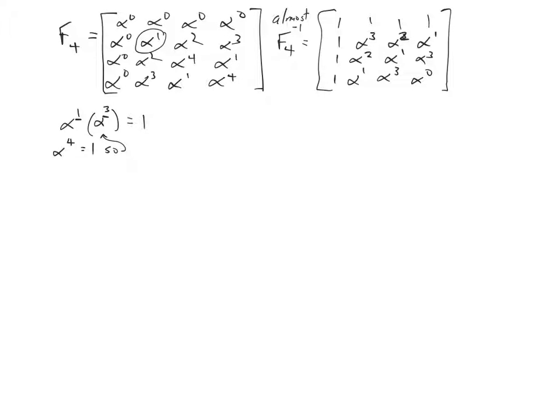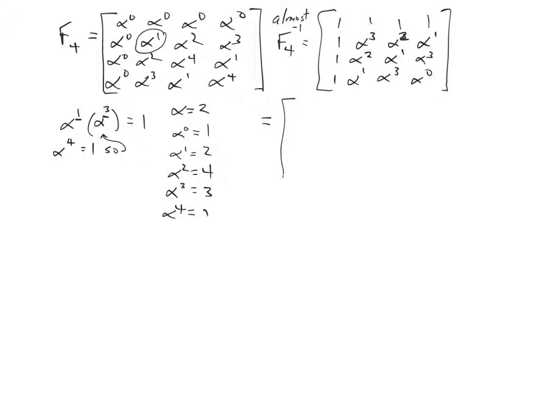alpha to the 0. Okay, and if we check what these are, let's do alpha equals 2 like we did on the last one. So if alpha is 2, then alpha 0 is 1, alpha to the 1 is 2, alpha to the 2 is 4, alpha 3 is 8, which is 3, and that's all we need. And then alpha to the 4th is, of course, 1, because it's 16, which is 1.